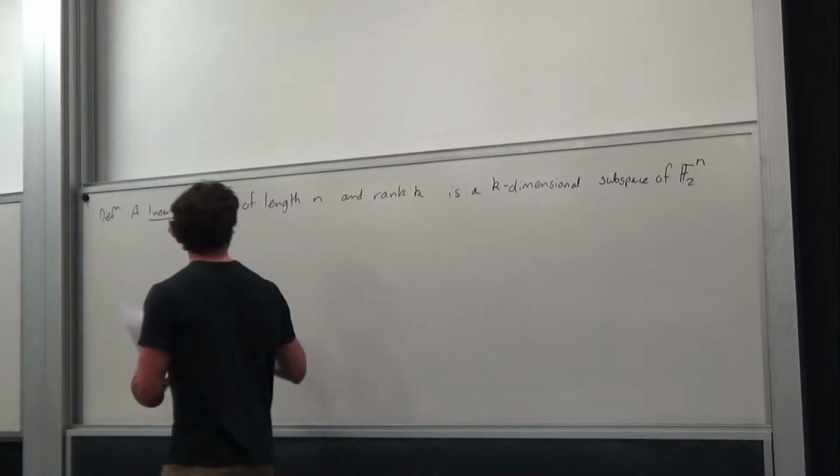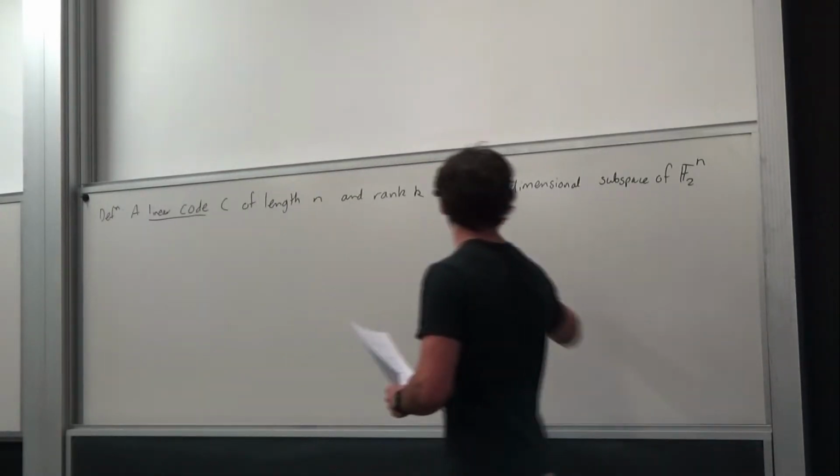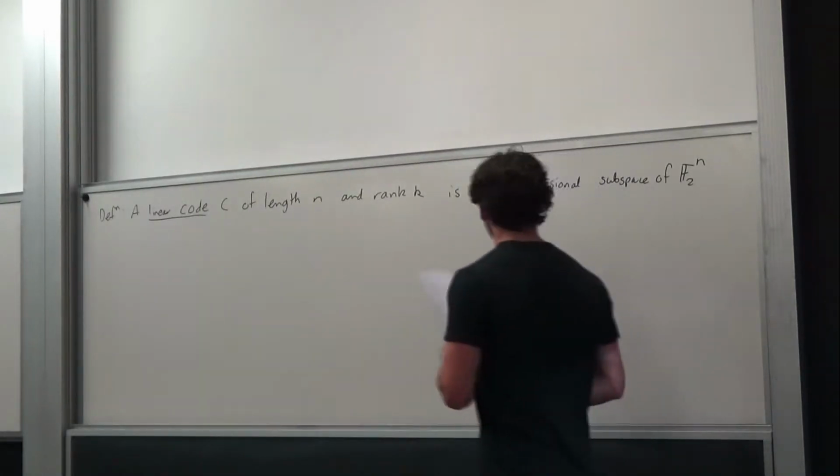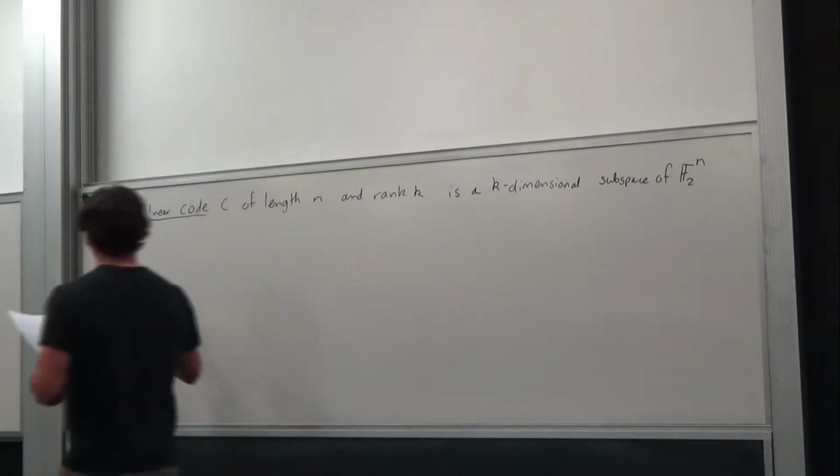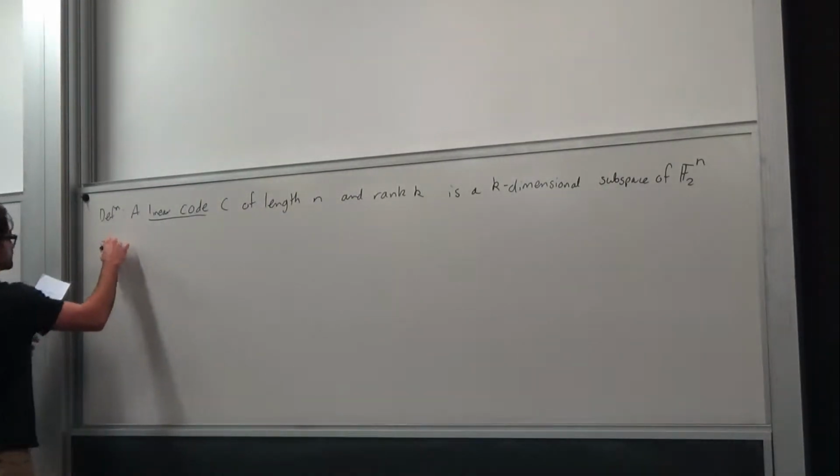A linear code C of length n and rank k is a k-dimensional subspace of F2^n. Now the quantum version is the following.